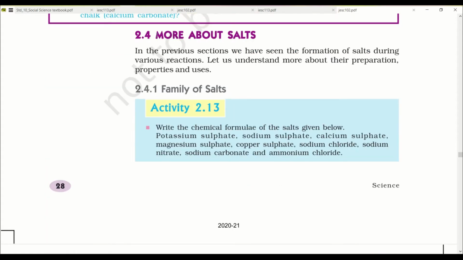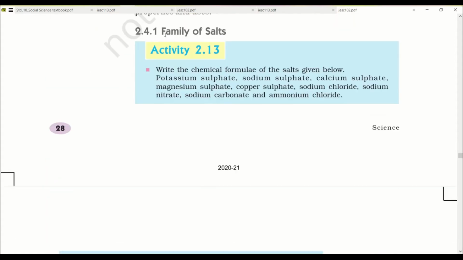Now let's go through another topic called salts, the family of salts. When we talk about salts, it doesn't mean the common salt alone. There are many compounds which are not acidic, not basic. Such compounds are called salts. The examples of salts are potassium sulfate, sodium sulfate, calcium sulfate, magnesium sulfate, copper sulfate, sodium chloride, sodium nitrate, sodium carbonate, and ammonium chloride.